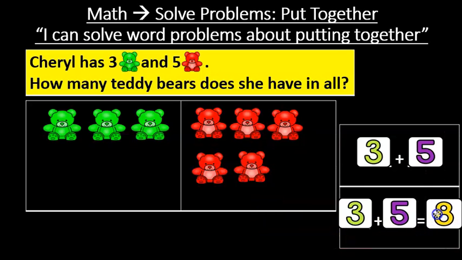So we now have 8 teddy bears together. So here is our addition equation. Let's read it together. 3 plus 5 equals 8. Let's read it again. 3 plus 5 equals 8. And we're done, boys and girls, okay?